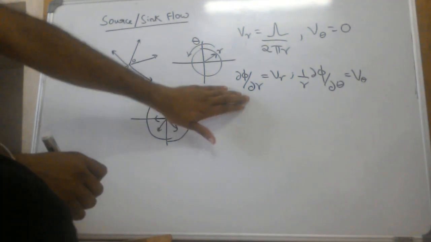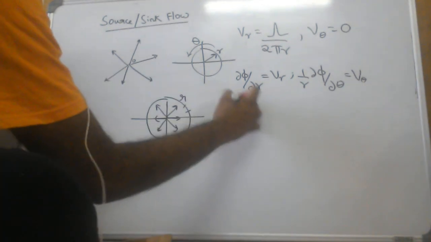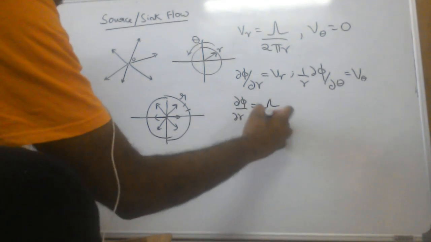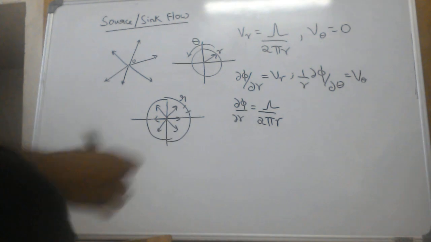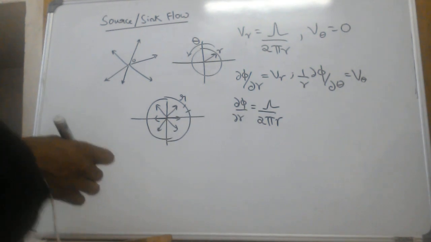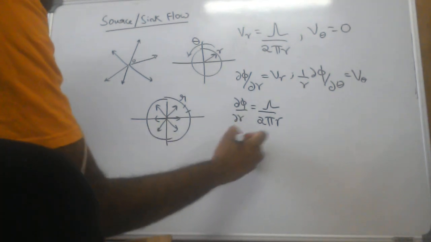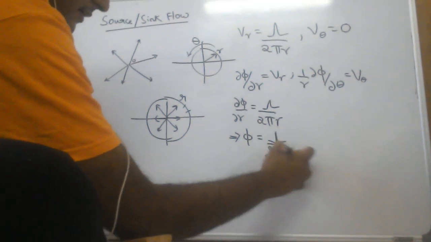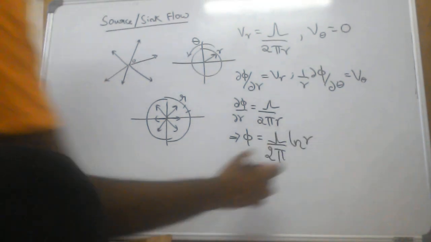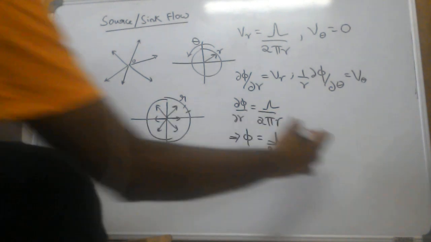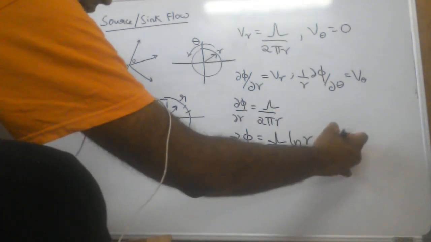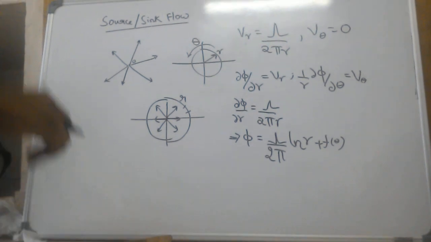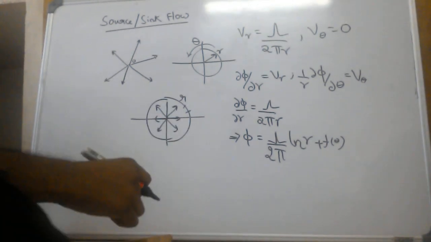So let's look at this equation first. Dou phi by dou r is equal to lambda by 2 pi r, and on integrating we get phi is equal to lambda by 2 pi ln r plus f of theta, because it's a partial derivative, right?